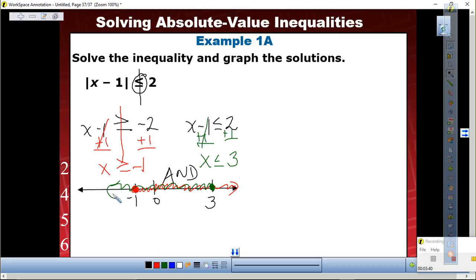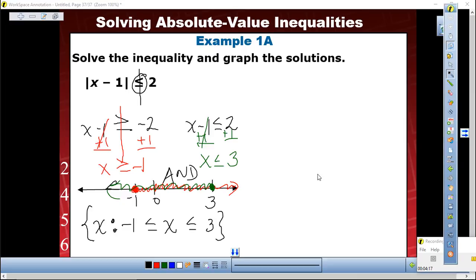Writing utensils down, please. Check this out. Solution set of all x such that. Did you see that? No. Okay, here it goes. If you didn't see it, here it goes.